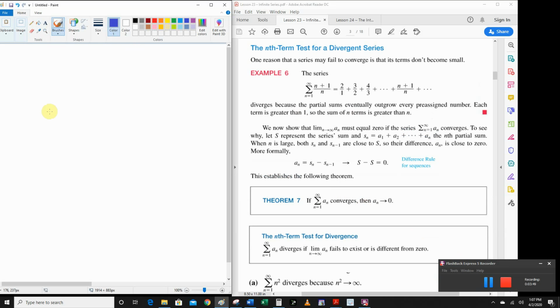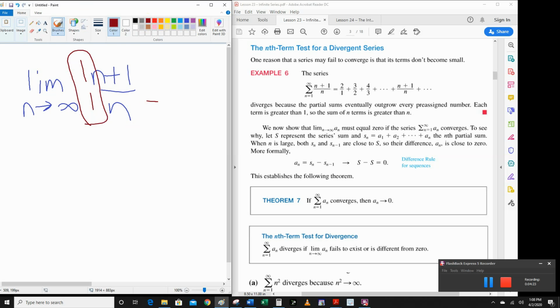So let's look at this example 6, and let's take the limit as n approaches infinity of our series. Now, anytime you take the limit as n approaches infinity, if the numerator and denominator's exponents are the same, then you can take the ratio of the numbers in front of the letters.